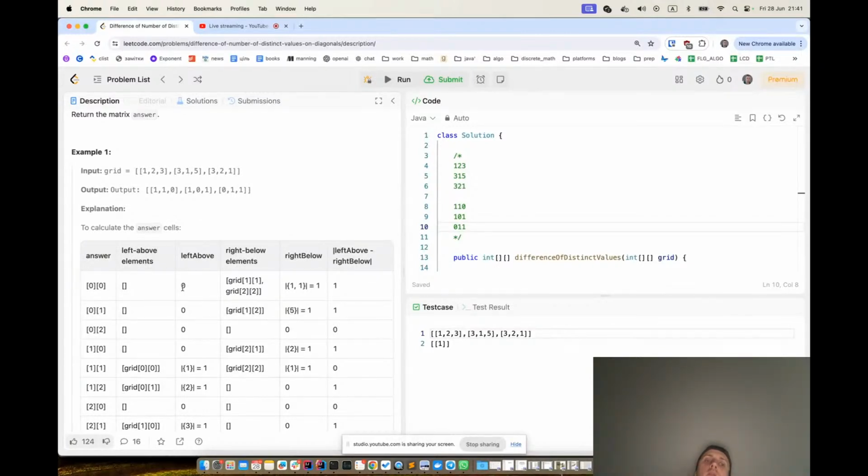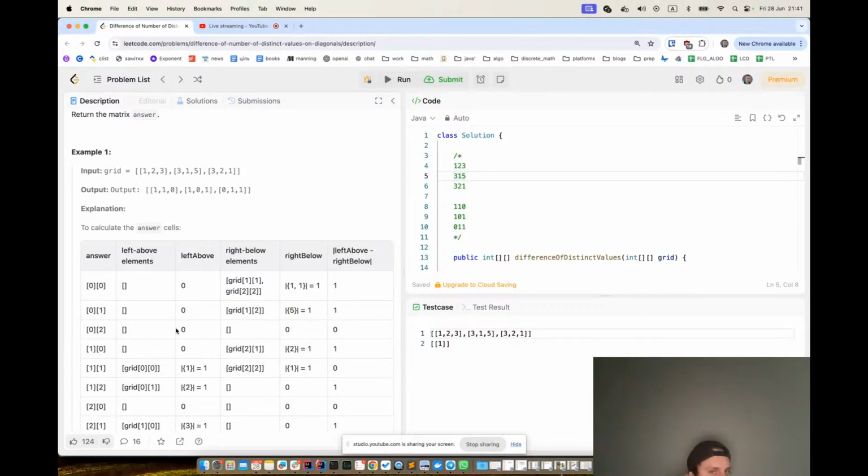So 0 minus 1 would be 1. Okay, then we have 0, 1. We have again 0. And here we have 5. It's number of unique values, yeah? Okay, 1.